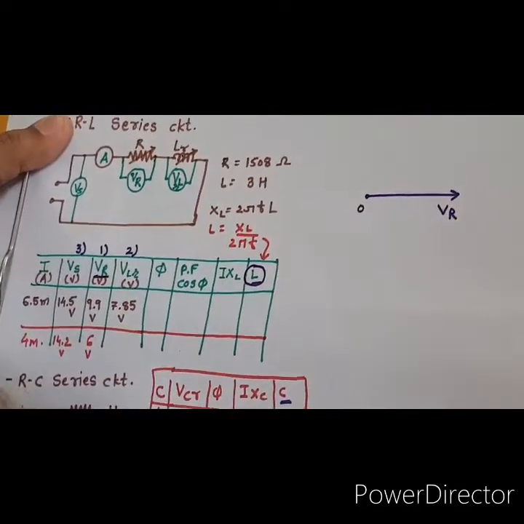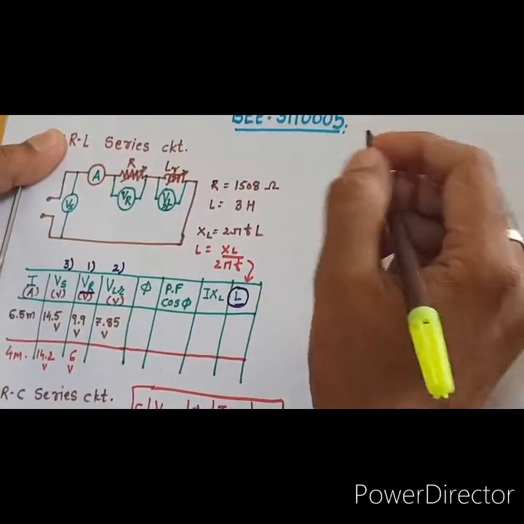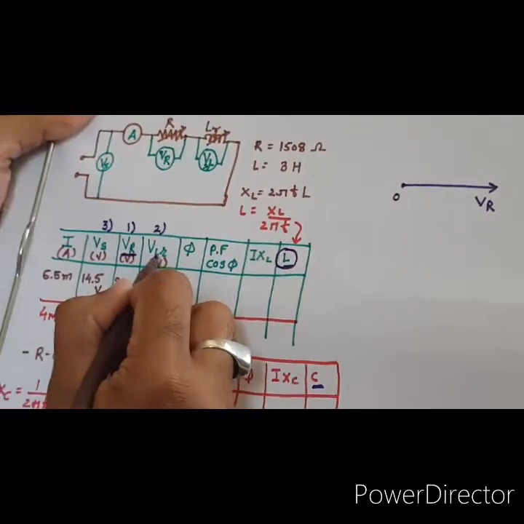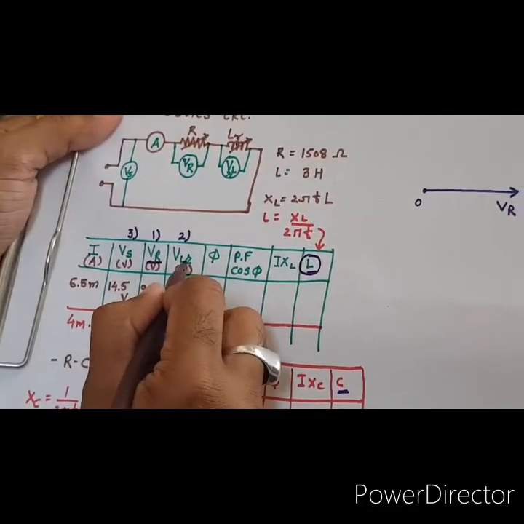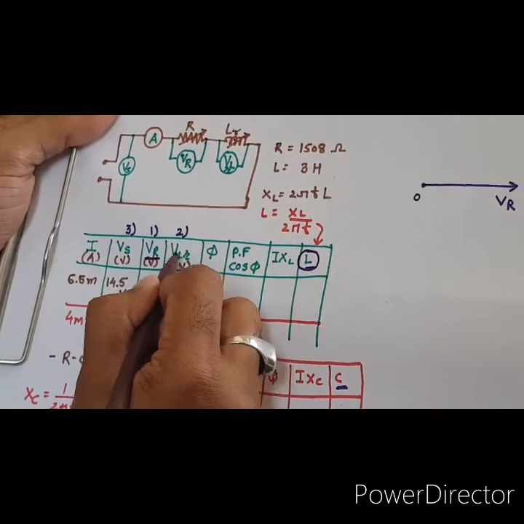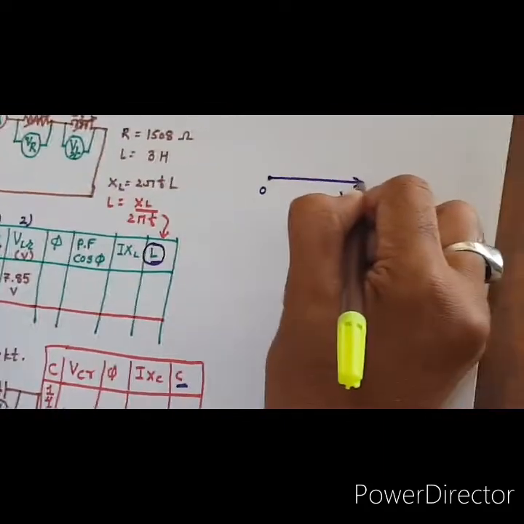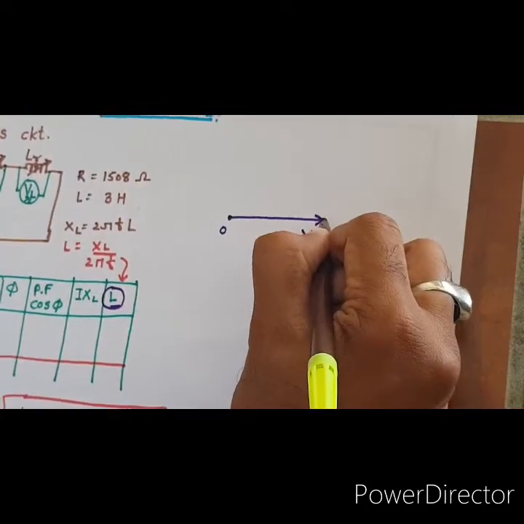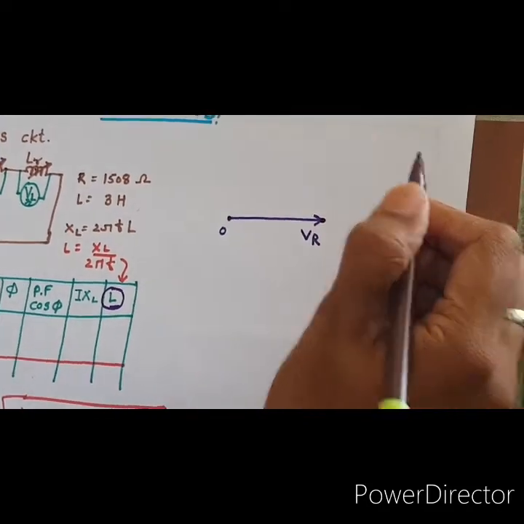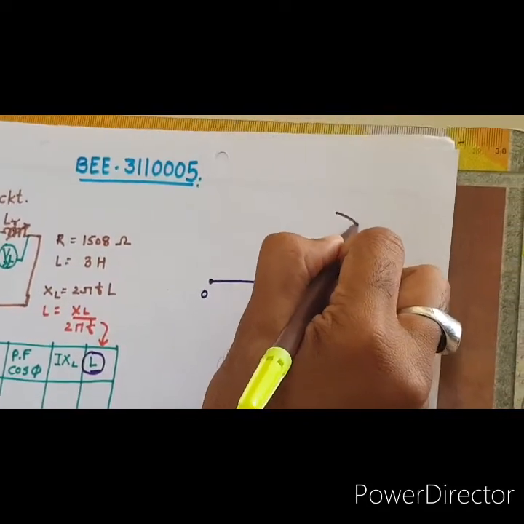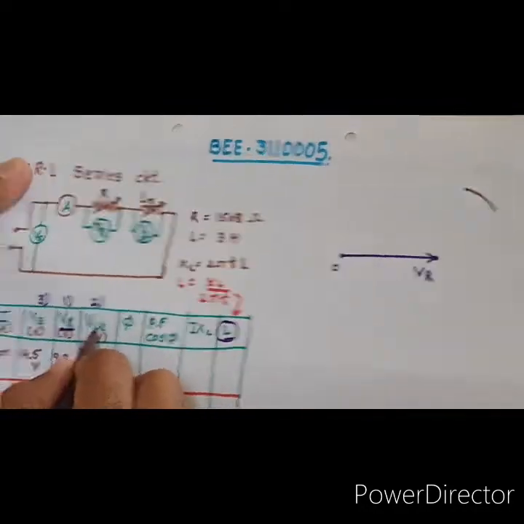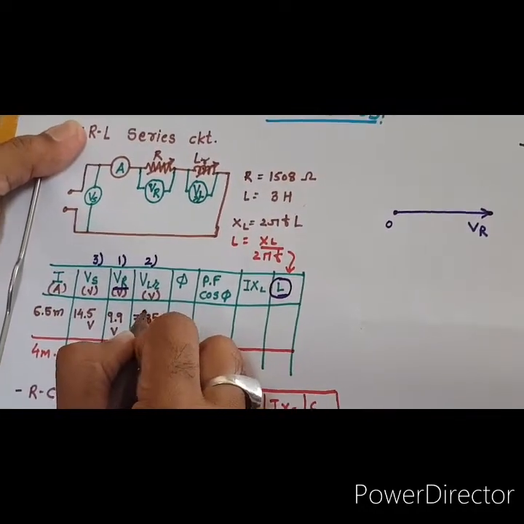Then, for the voltage drop across the choke coil VLR, take this much value, put the mark point here and make an arc of this VLR value.